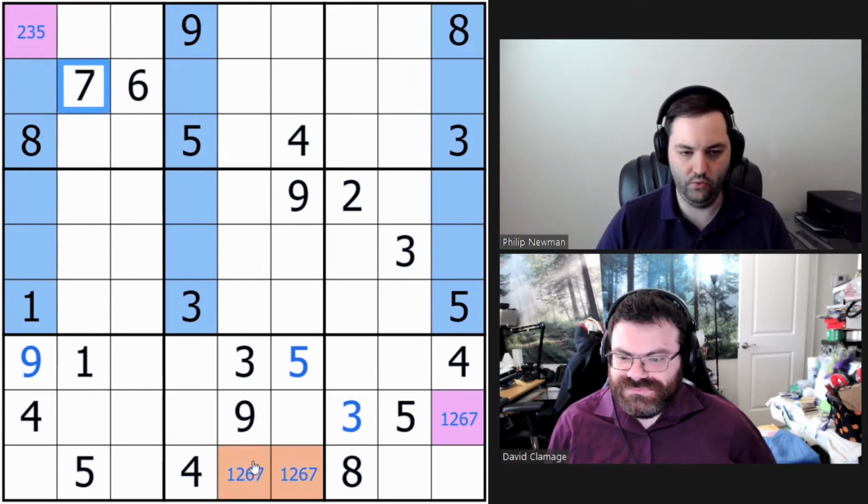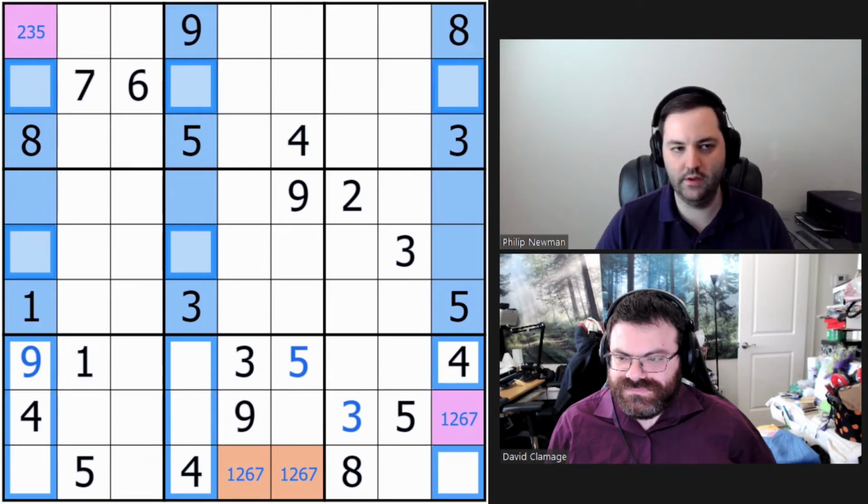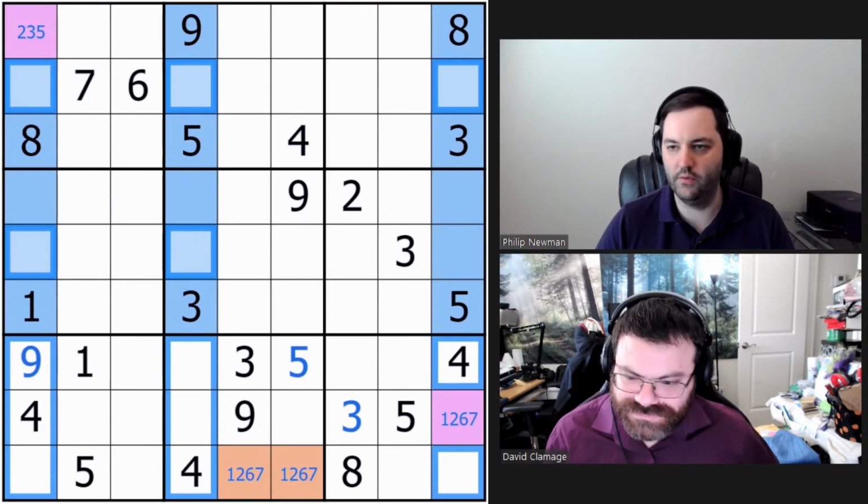What about the 2? 2 works the same way, basically. It can go on one of these rows. Yep. But it can't go in any of those cells there. So we're left with one of the target cells. Even though the target cell is way up here, it still has to be in one of those cells.